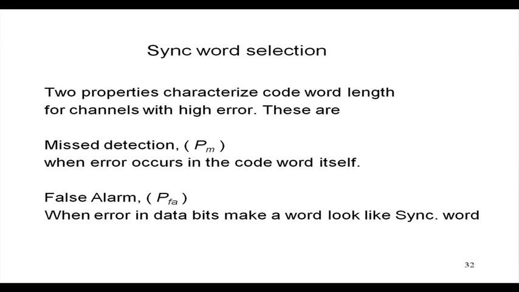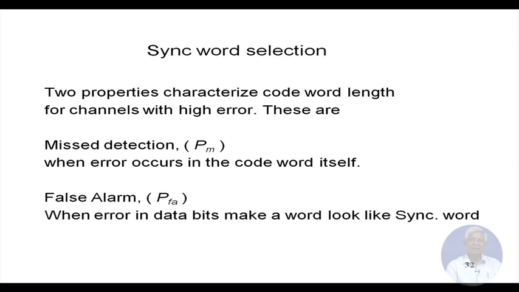So, the sync word itself is missed. You can realize what is happening: if the sync word is not detected, the whole frame is lost. So, what is that probability? It will be based on the error probability on the sync word, and the probability of misdetection can be calculated based on that.